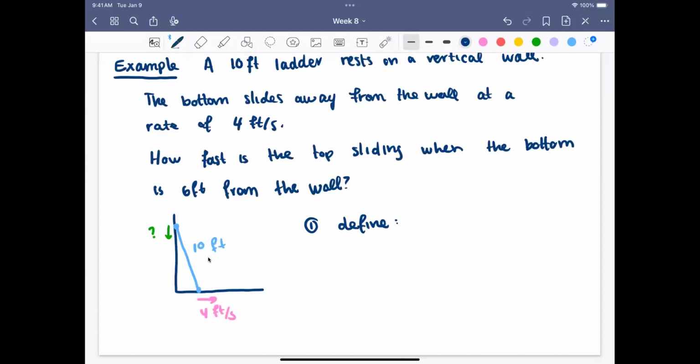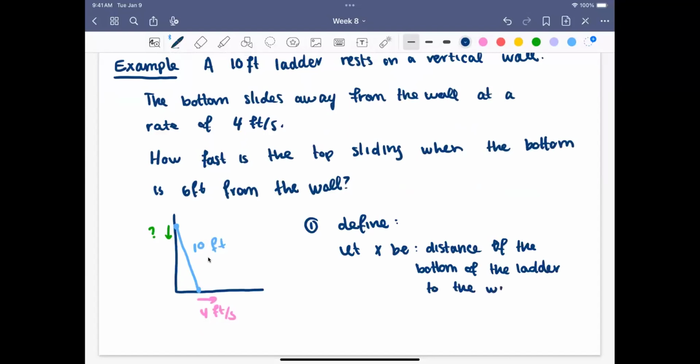So I'm just going to call those X and Y. We'll let X be the distance of the bottom of the ladder to the wall, and I'll let Y be the height of the top of the ladder.